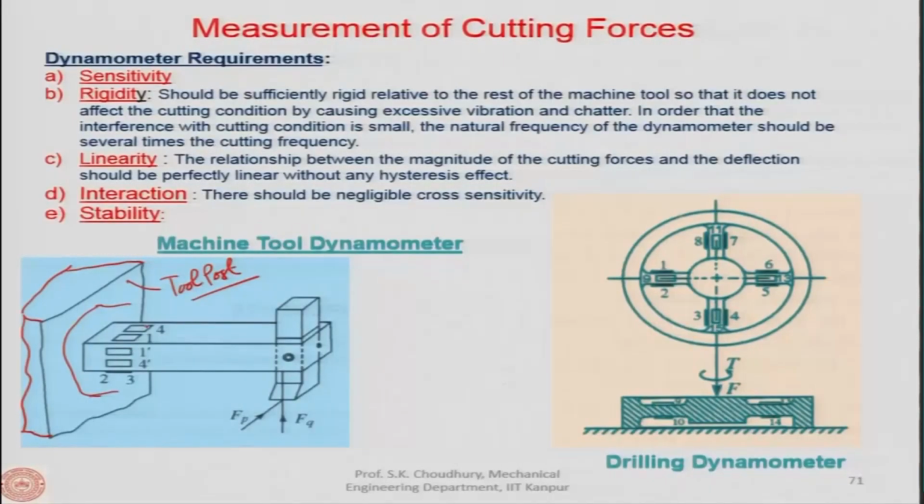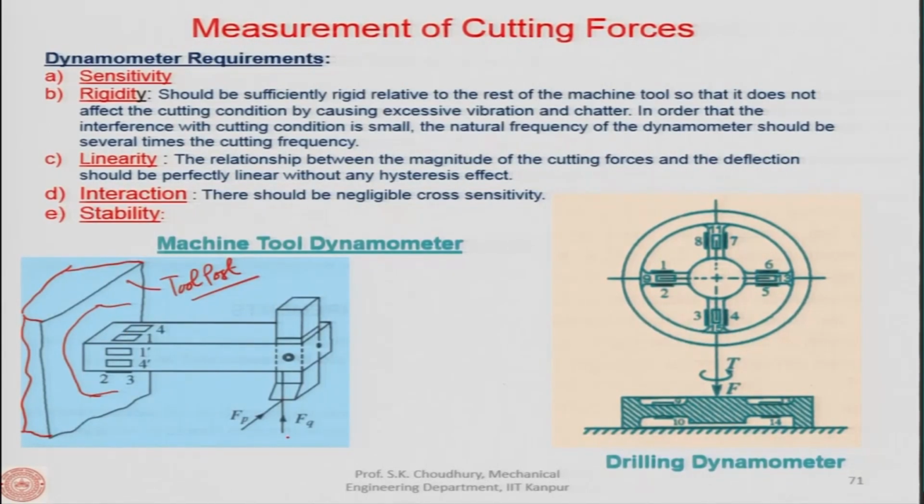They do not use strain gauges, because of their disadvantages that I already told you: the wires can be torn somewhere, or they do not work in a high temperature environment. So, piezoelectric elements are used in the dynamometers.